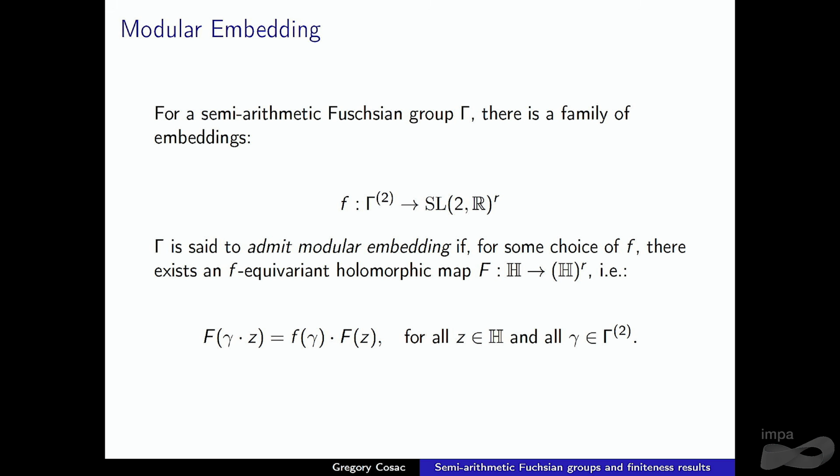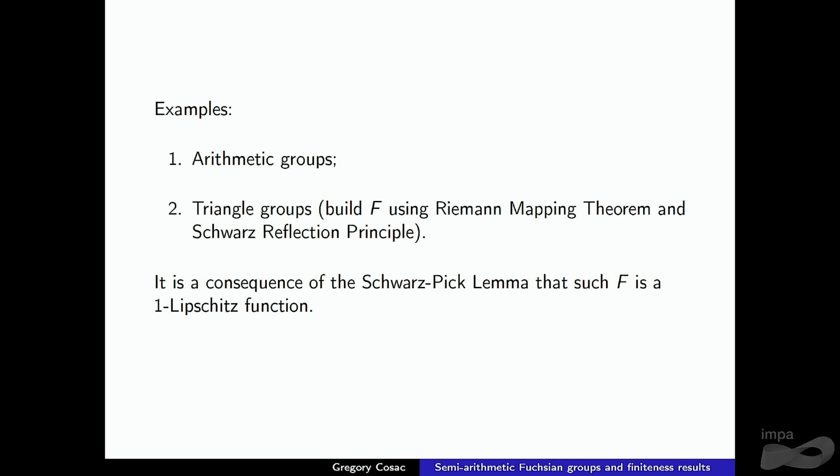Arithmetic groups admit a modular embedding quite trivially, because when the r here is 1, you have the inclusion, and you can take f to be the identity, so that would be a modular embedding. And the triangle groups also admit a modular embedding that you can construct using complex analysis, and you use very much the fact that this polygon is a triangle.